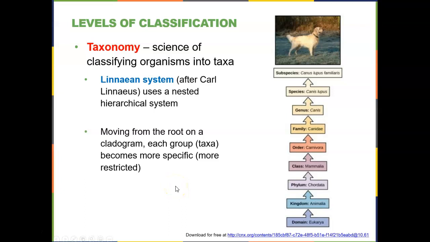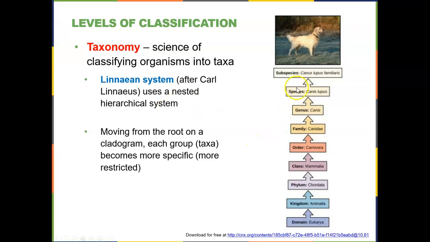So with these taxa, we can form groups, but we need to name these groups. Back in the 1700s, a Swedish botanist by the name of Carl Linnaeus came up with a plan for naming groups, going from the most diverse group down to the most specific group.